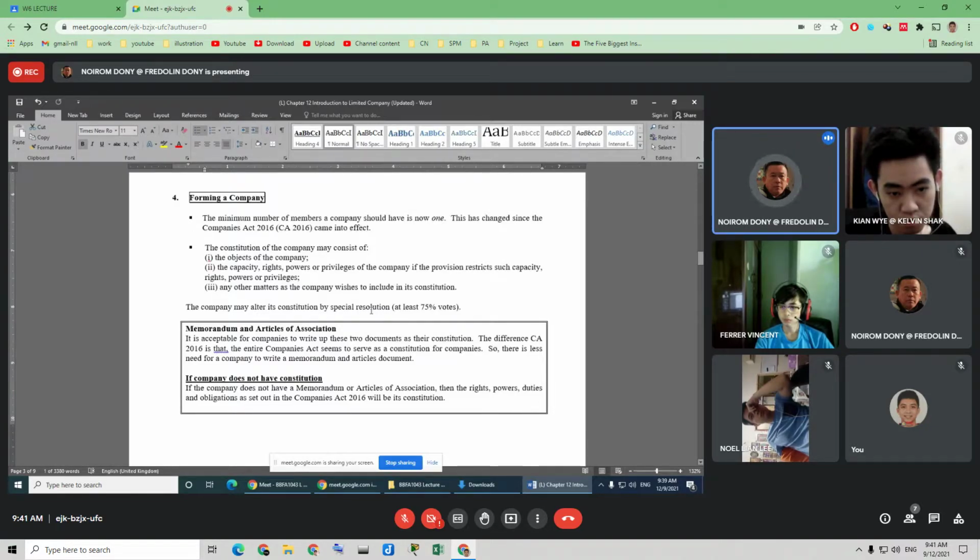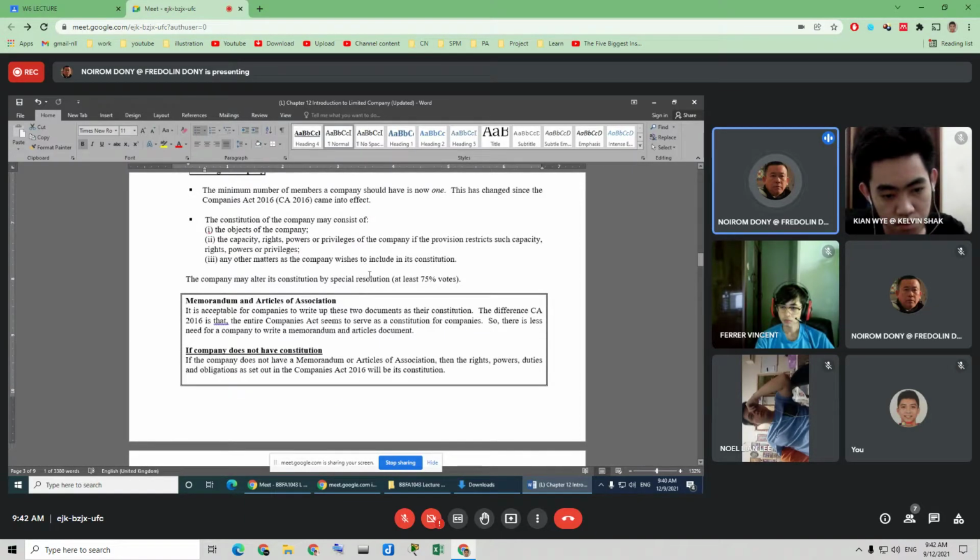This is a vote. The shareholders will do the voting, and it must have at least 75% favorable votes, meaning they support the changes. If lesser than 75%, you are not allowed to change the constitution. That is the meaning of special resolution.